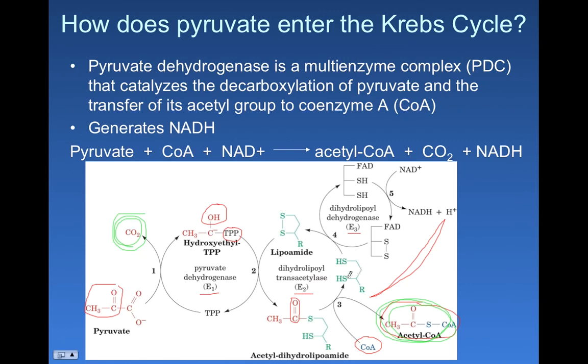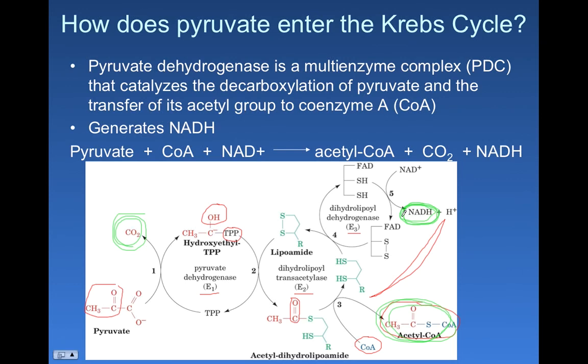And then, in order to restore the lipoamide, we pass electrons to FAD and then finally to NADH. So this NADH, again mitochondrially formed, is another product of this reaction.